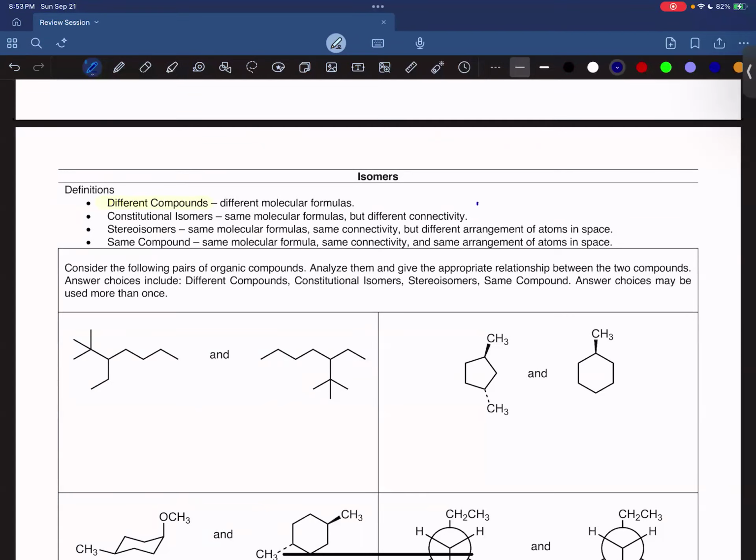For example, a different number of rings or different number of branches or groups.